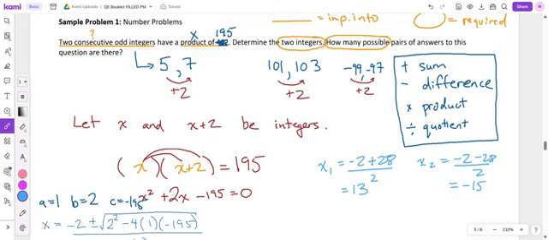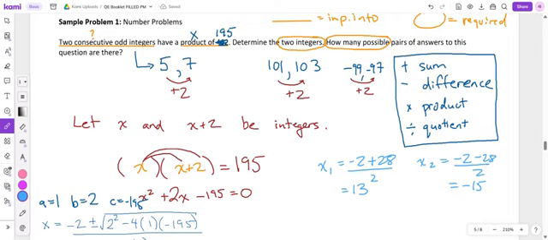Positive 13 times positive 15. What if in this case my x is negative 15? What is x plus 2? Negative 13. So negative 13 times negative 15 is still 195.